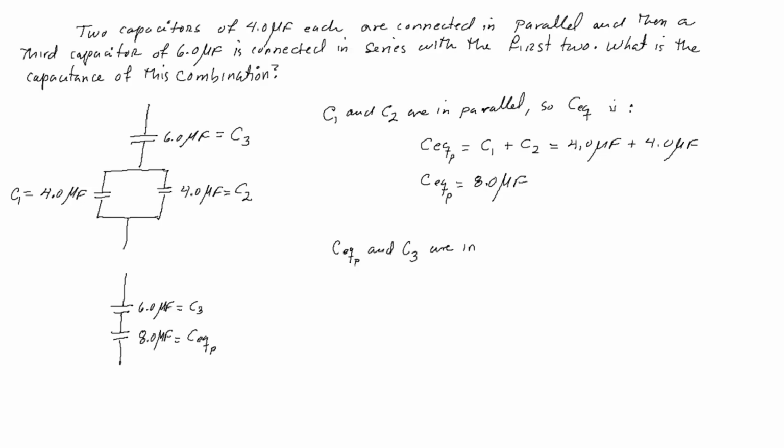So the equivalent capacitance in series: 1 over the equivalent capacitance in series is 1 over the capacitance of the capacitor 3 plus 1 over the equivalent capacitance in parallel.